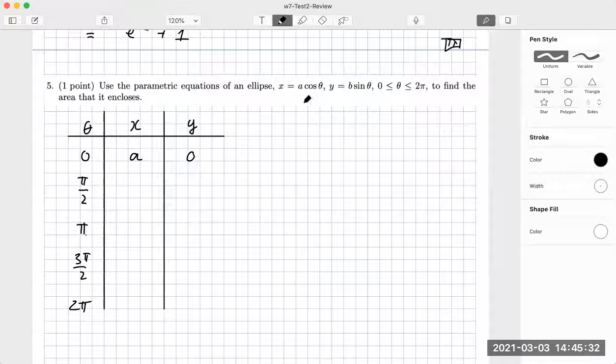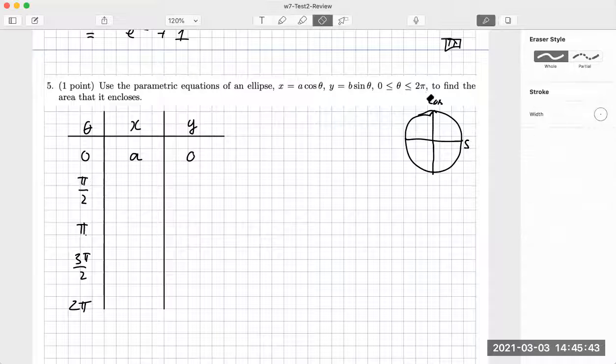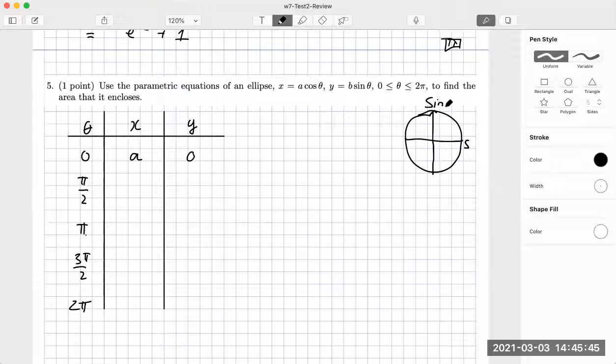When theta is pi over 2, then cosine of pi over 2. Remember, the unit circle is like this. It is the sine axis here and the cosine axis here, right?